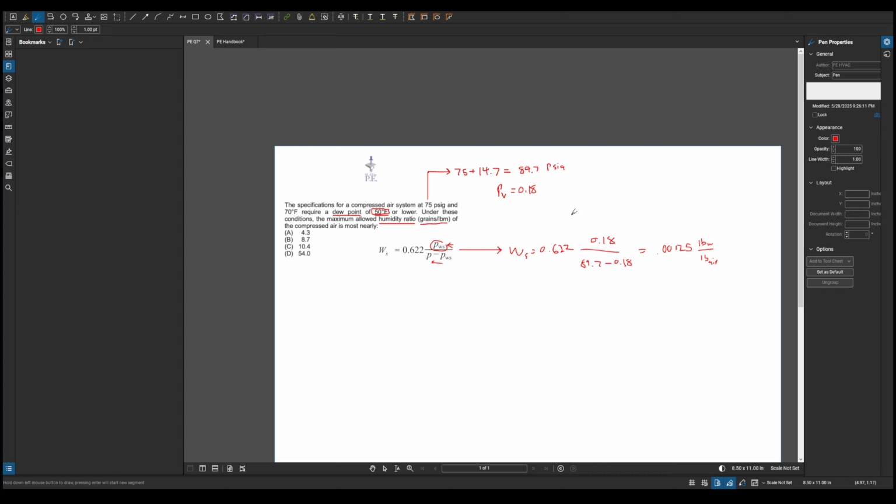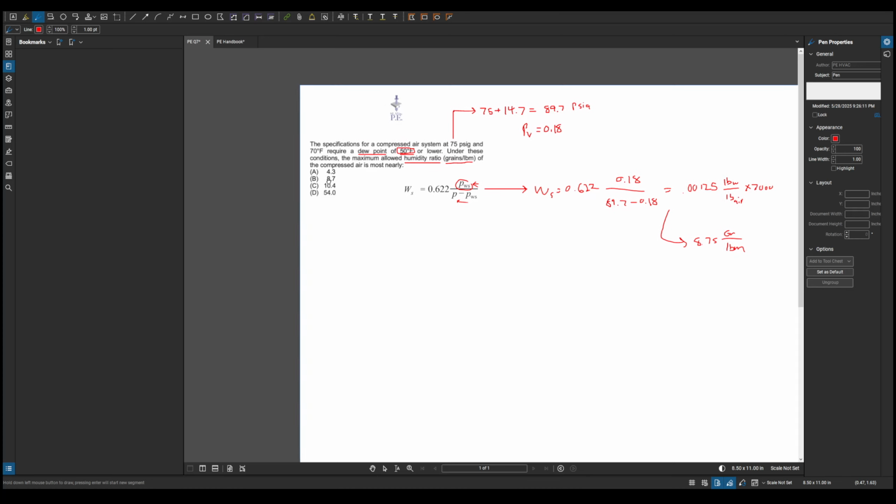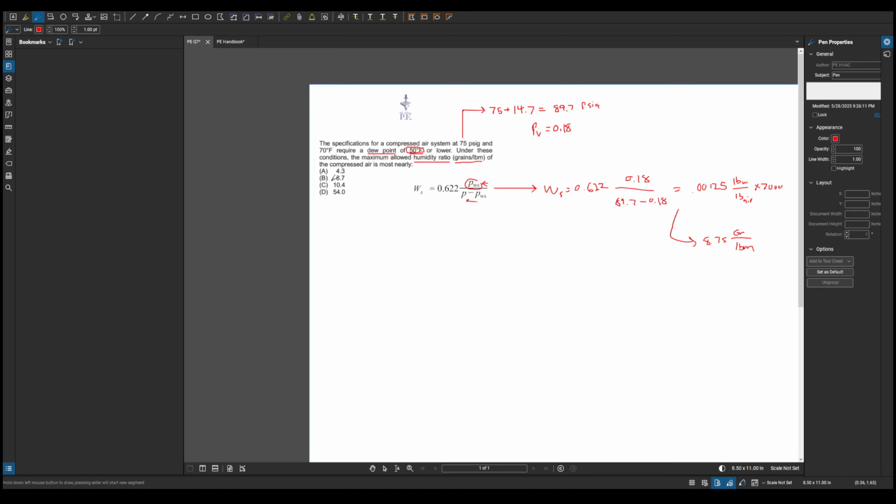So we simply multiply this by 7,000 to get grains. So that will give us 8.75 grains per pound mass. And if we look over at our solution, it's going to be B, 8.7.